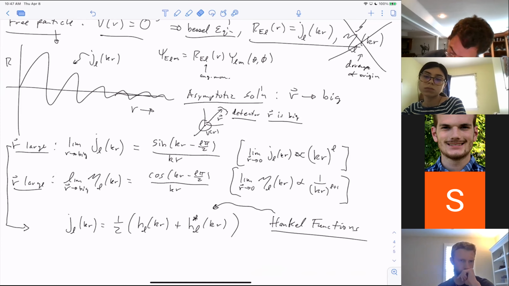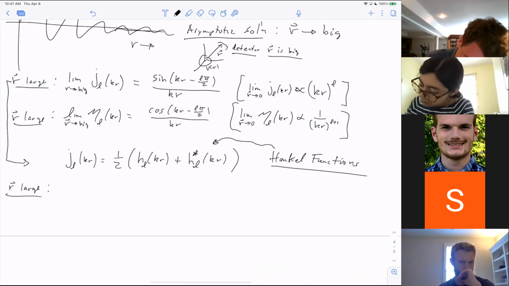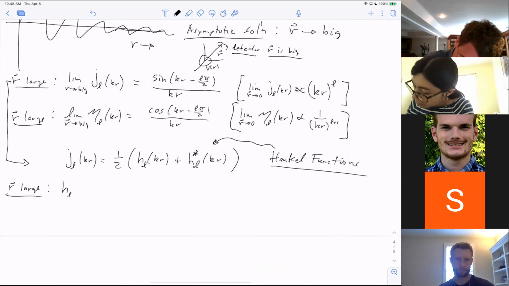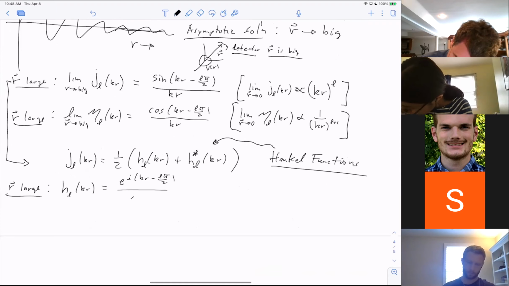Now, if I talk about the limit of large r, the Hankel function is equal to e to the i kr minus L pi over 2, over i kr.